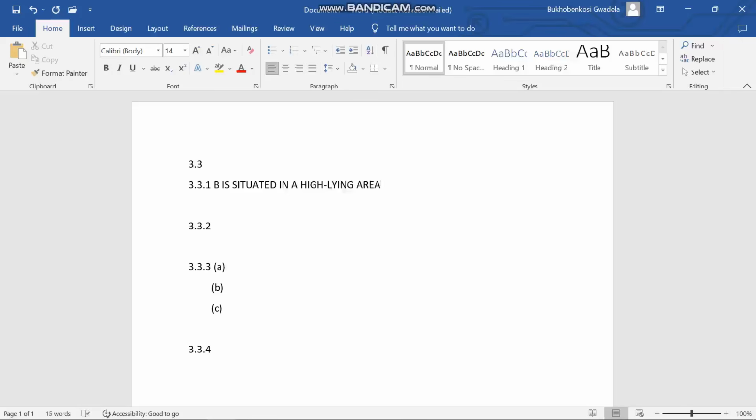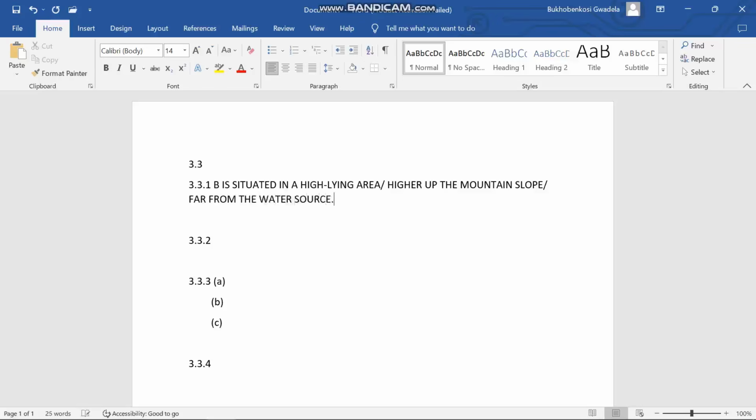So B is situated in a high lying area, or you can also say higher up the mountain slope, or you can say far from the water source, which is the river down there.